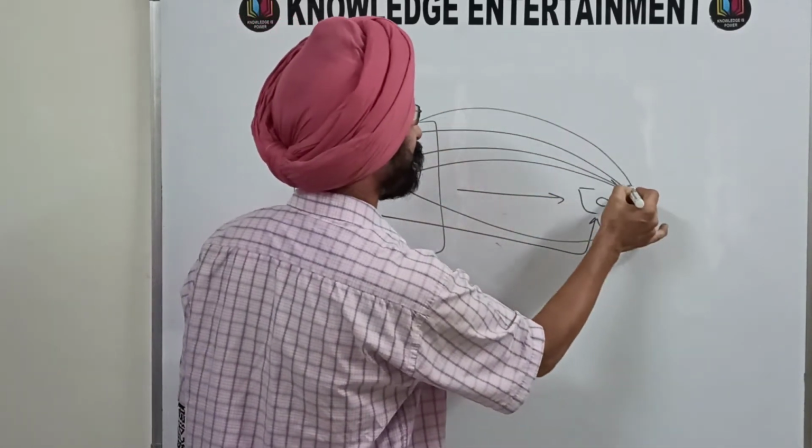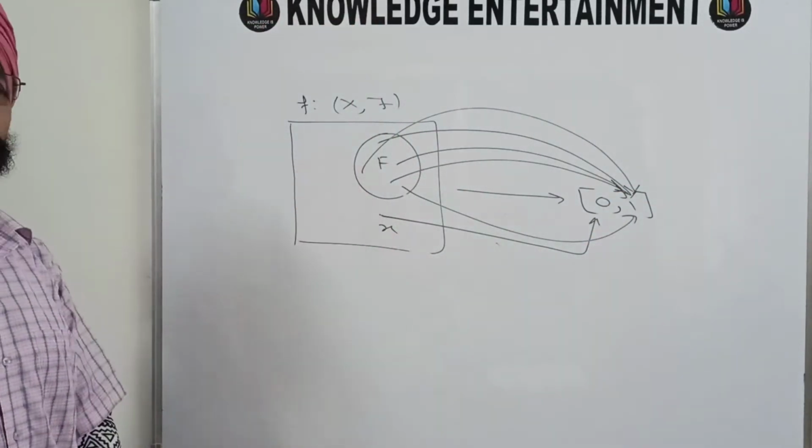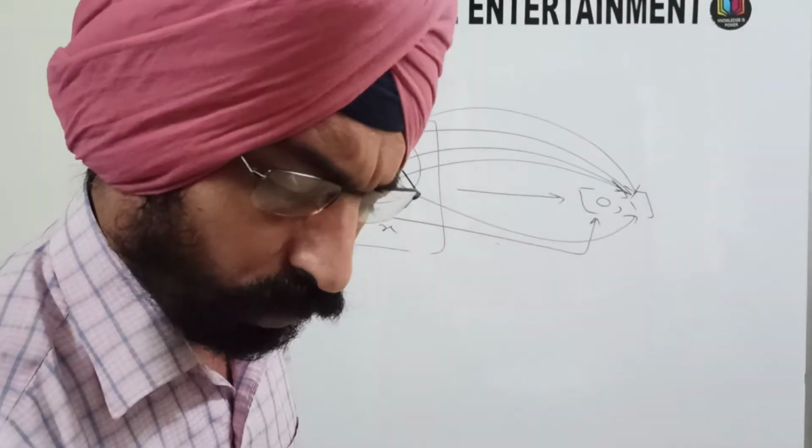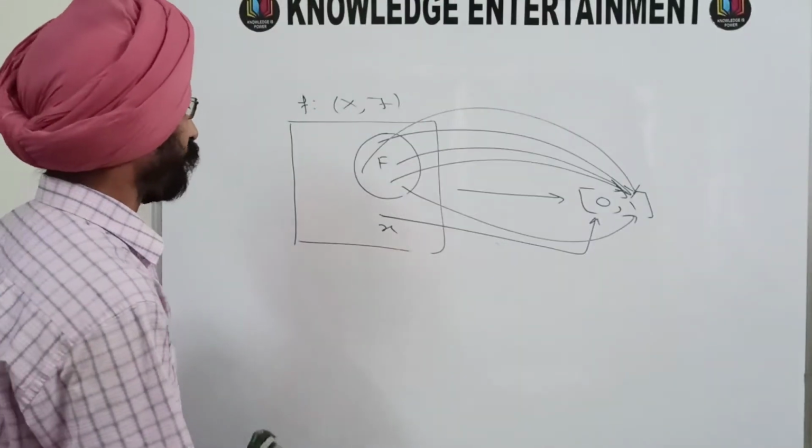So this is the diagrammatic presentation of a CR space, completely regular space. And now we'll move on to some theorems, some results of completely regular spaces.